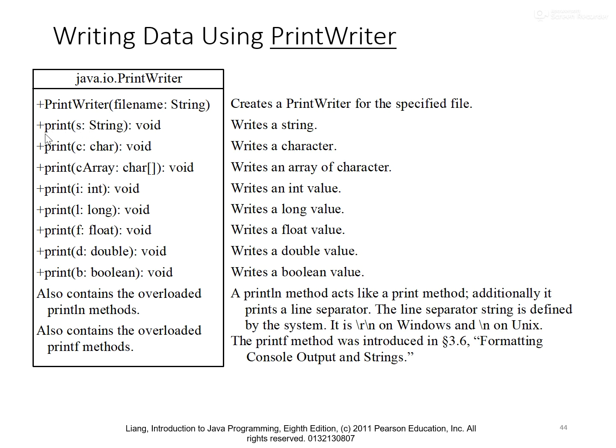As you can see, you can also use a print method together with providing a character or an array or an integer, long, float, different primitive Java data types. We can write those with overloaded versions of the same print method. So we'll be using the print and println methods that we've been using so far.